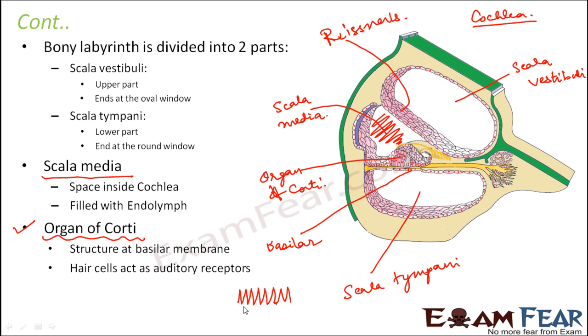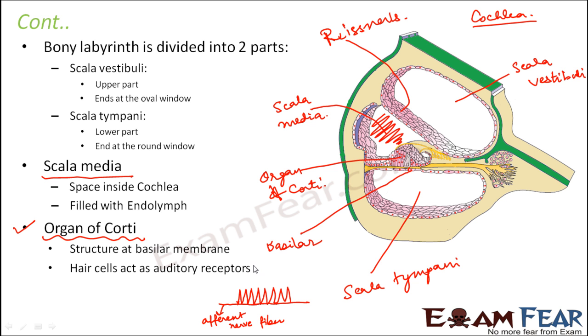They are arranged in the form of rows on the internal side, as I said. Now the basal end of the cell, the base of the hair, is in contact with a nerve fiber, and this nerve fiber is known as the afferent nerve fiber. We all know what an afferent nerve fiber is. It is that nerve fiber which brings in information.